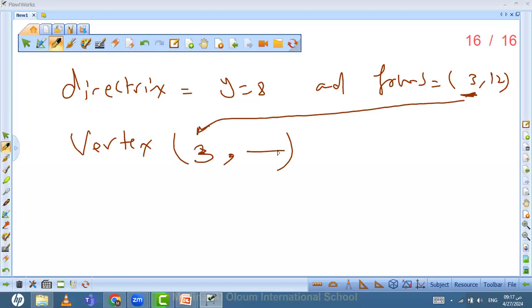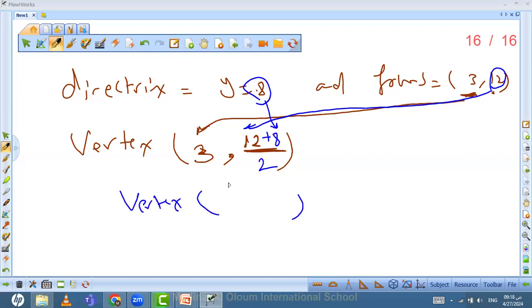Now I need y. I'll take y of the focus plus the directrix, divided by 2. It means my vertex is 3 and 10. Look how logical.